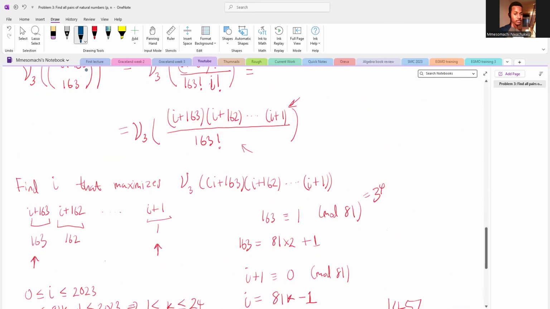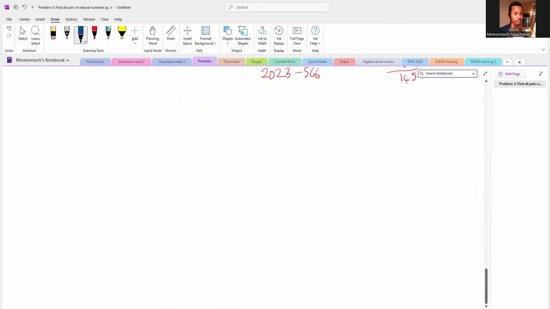Just a recap of the properties of the PID value we used. The PID value of P in K equals T implies that P to the power of T divides K, but P to the power of T plus 1 does not divide K. We're talking of integers here.